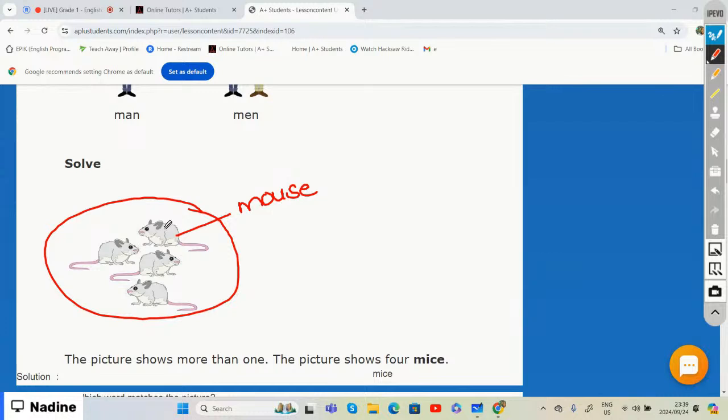But since there is one, two, three, and four, instead of saying four mouse, we say four mice. So one mouse, but two or more mice. Not mouses, but mice. Mice is the word that makes mention of two or more mouse, right?